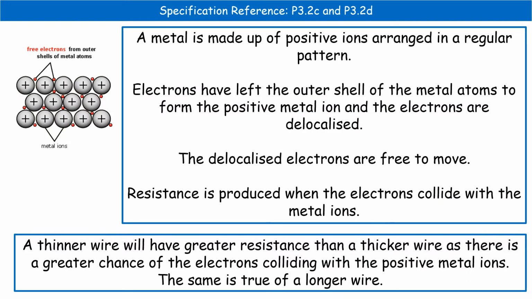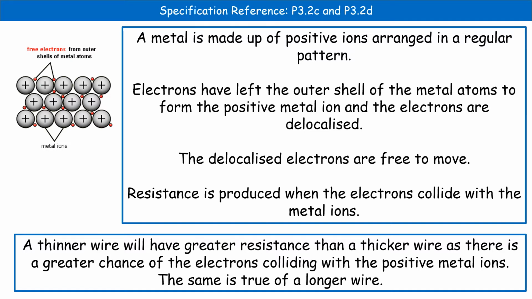Nice bit of a link here with our chemistry from paper 1 knowledge. Hopefully we all knew this. When we're looking at the structure of metal, what we have is the little picture on the left there. So we've got these positive metal ions arranged in that very nice regular pattern, all nicely touching. And then in between them, we've got those little red dots, which are our delocalized electrons.